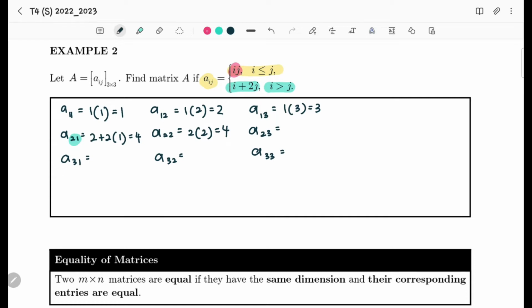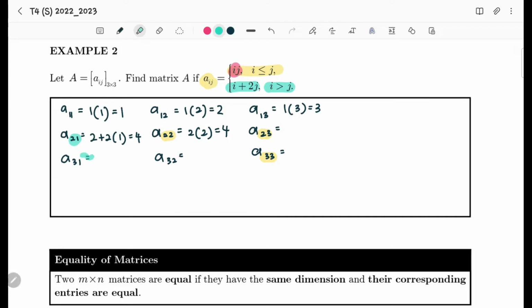And then a23. Let me just highlight this. You can just identify first which function we're going to use. So a22, a23: all the ones I've highlighted in yellow will follow the first function because it fits the condition given, i is less than or equal to j.